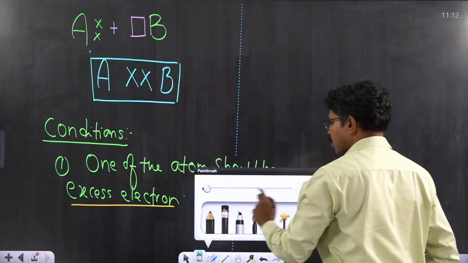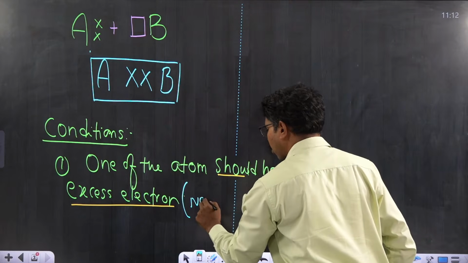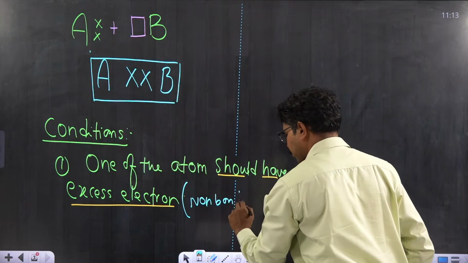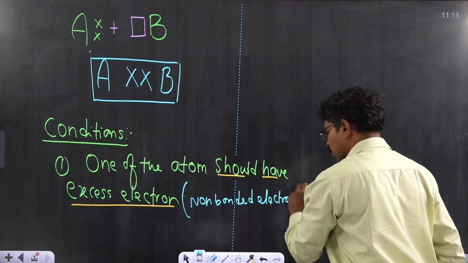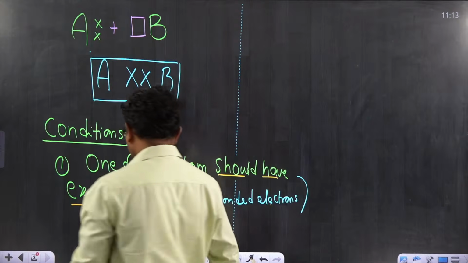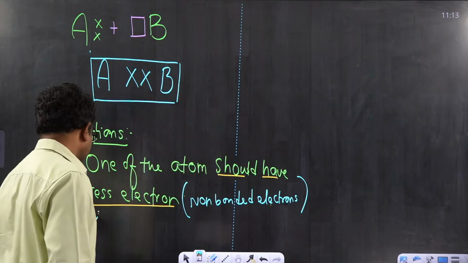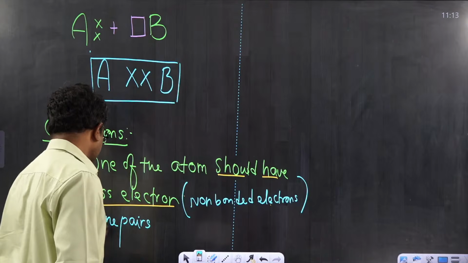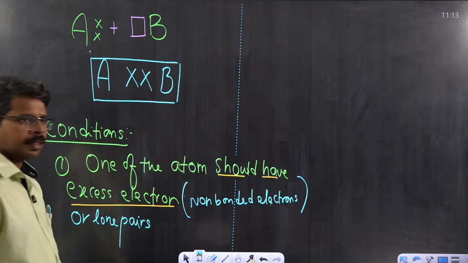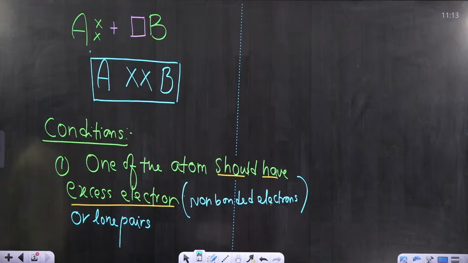These excess electrons can also be called non-bonded electrons, right? These non-bonded electrons can also be referred to as lone pairs, right? Have you got this point?